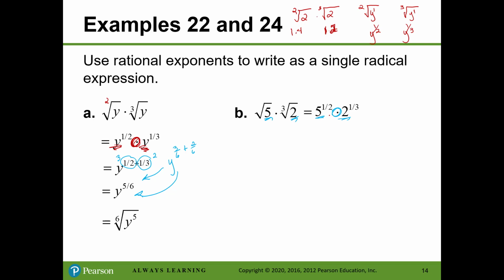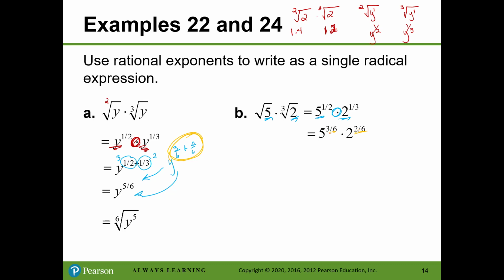Okay. And if we added the exponents, that means we would need to have the same denominator like we did over here, right? So we're going to try this and see if that works. We're going to get the same denominators. So I can change both of them into a denominator of 6, which means the 1/2 changes to a 3 over 6 and the 1/3 changes to a 2 over 6. Agreed? Okay.